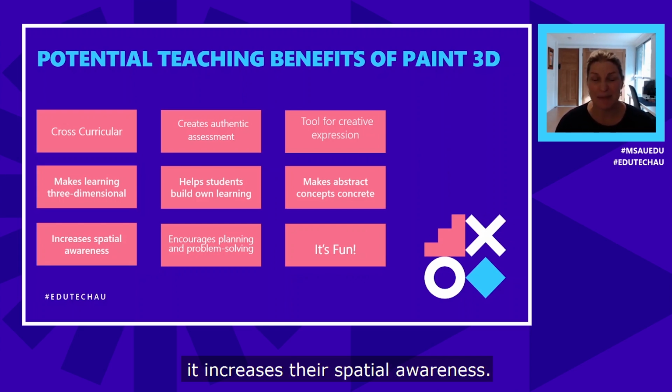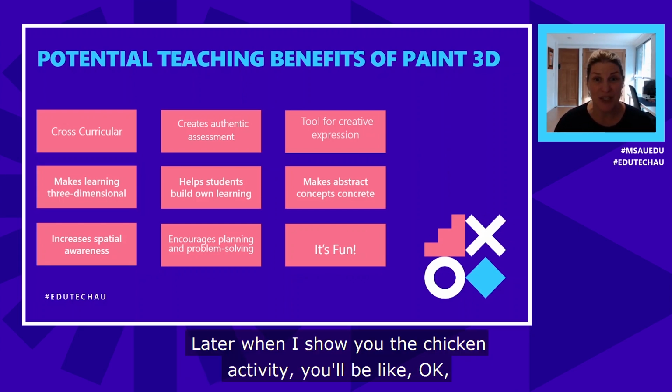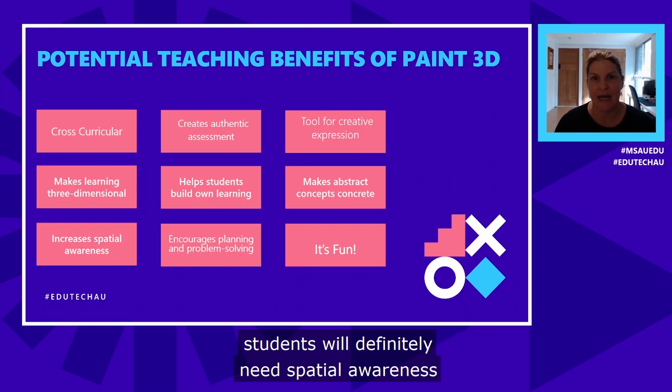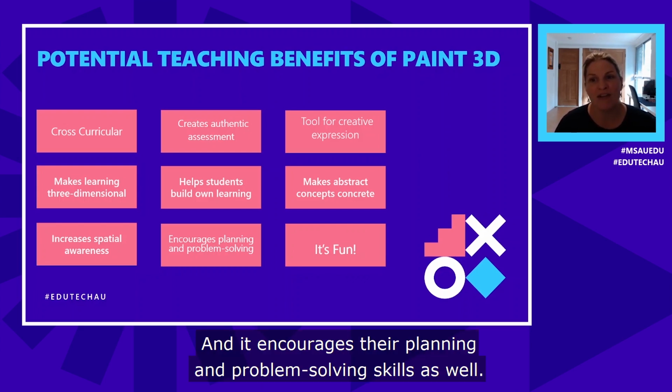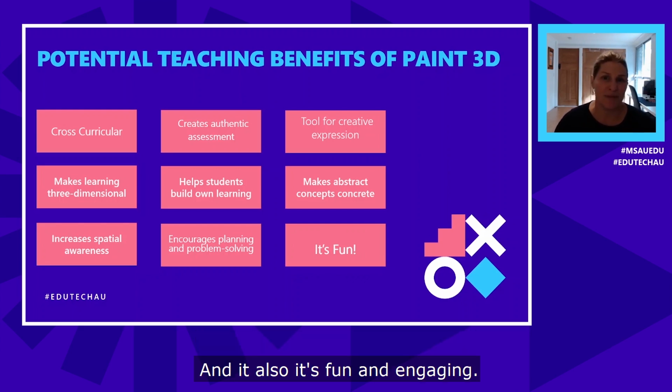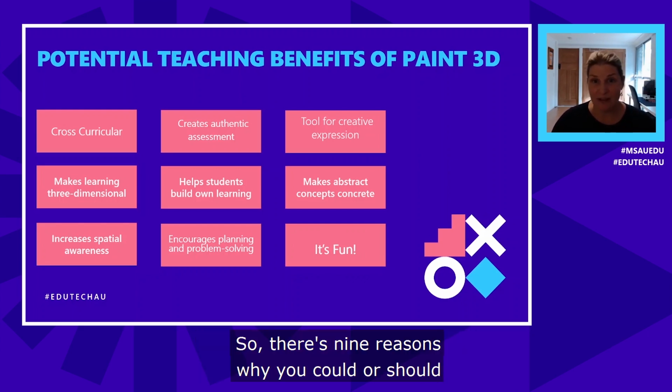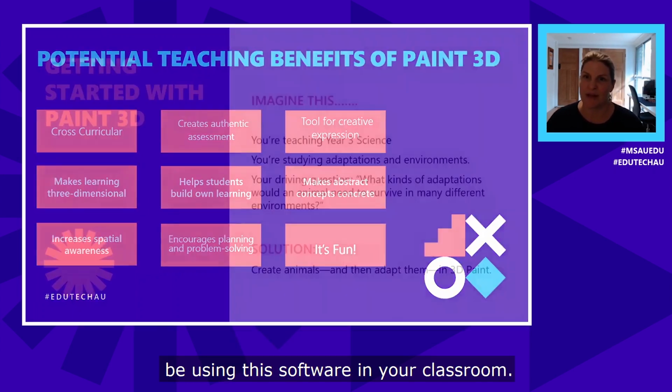It increases their spatial awareness. Later when I show you the chicken activity, you'll see that students will definitely need spatial awareness to be able to construct something like that. And it encourages their planning and problem solving skills as well. And it's fun and engaging. So there are 9 reasons why you could or should be using this software in your classroom.